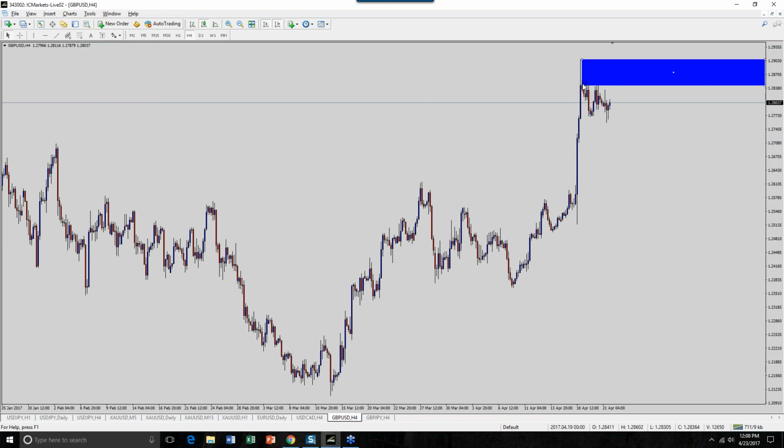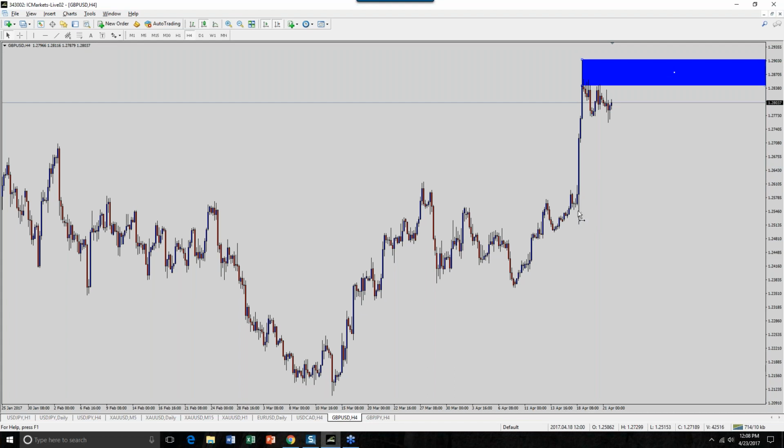So this is your new price area. This is your new zone on the 4 hour. We tapped into that price area, and then look over here. So you can see right away we have two price areas that you would want to focus on right now in the pound US dollar.